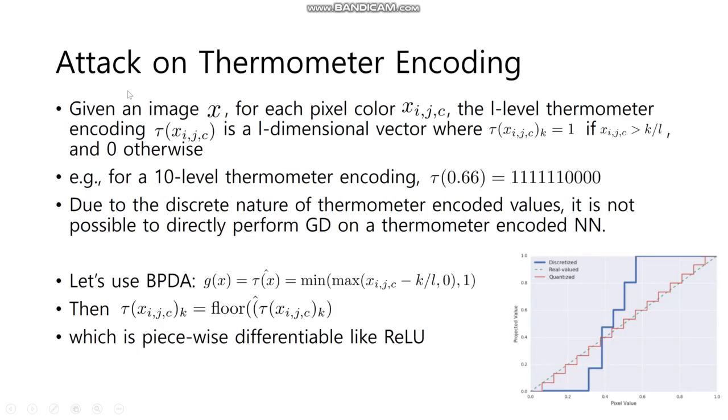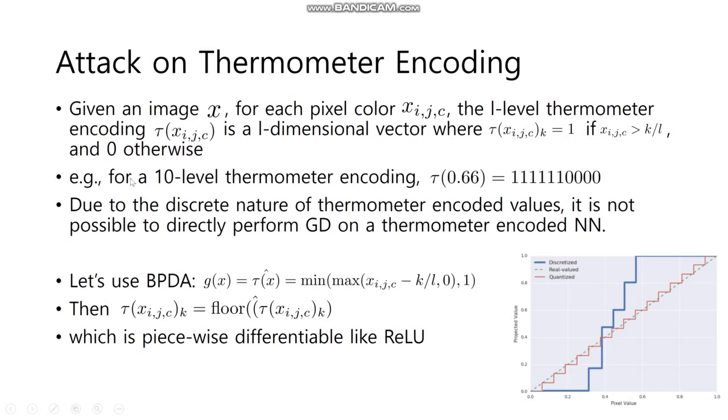So the first is attack on thermometer encoding. Given an image X, for each pixel color X_ijc, the L-level thermometer encoding tau is an L-dimensional vector, where tau is 1 if this is satisfied and 0 otherwise. You don't have to understand this fully. It's just discretizing the pixel values.